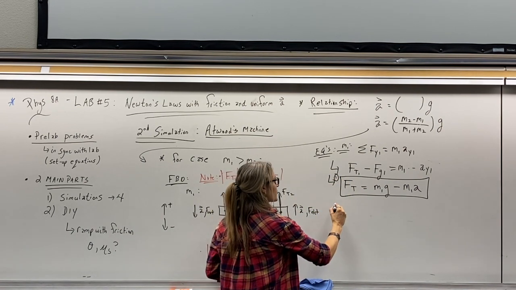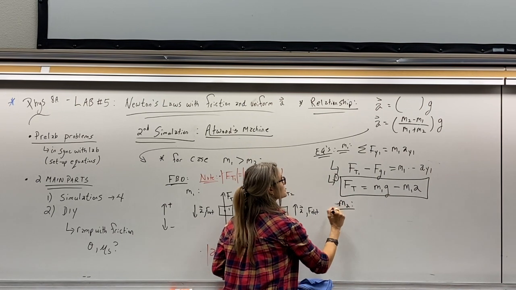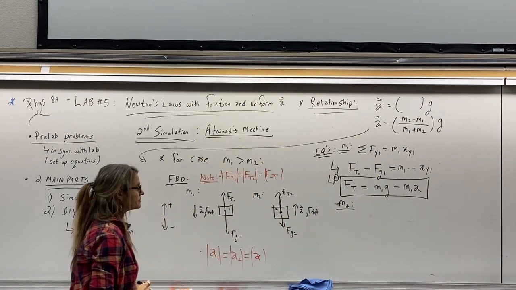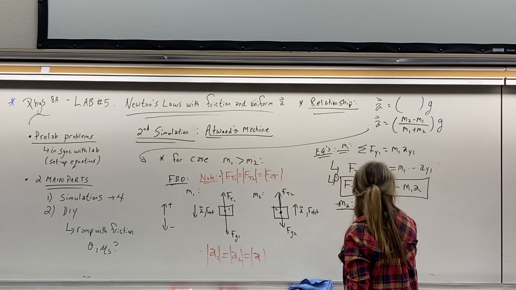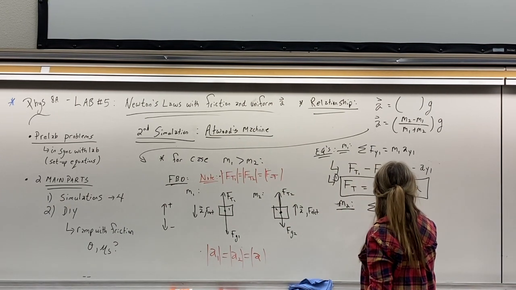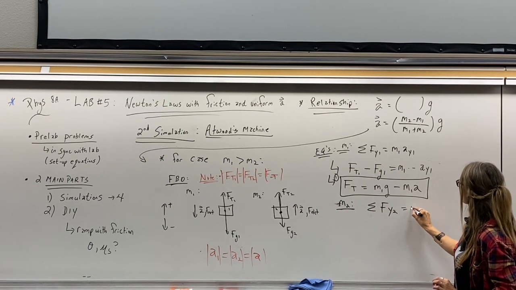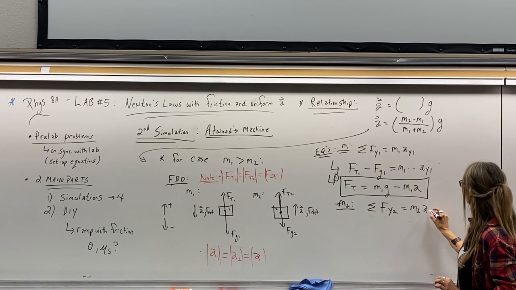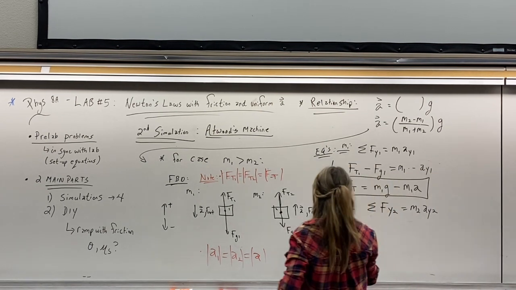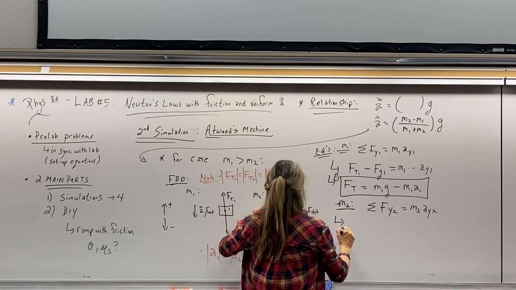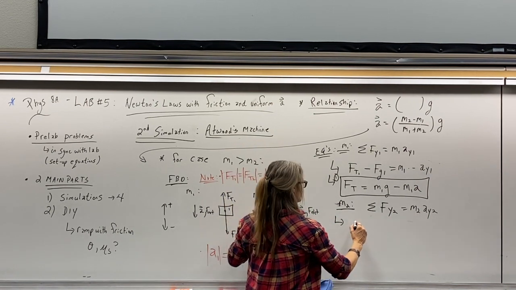Now when I look at the equation of motion for the second mass, which will allow me to do the problem solving, M2, in this case I'll say the sum of all my forces in the vertical direction for number 2 will equal the mass of 2 times the acceleration in the y direction of number 2. And what I get in this case is I have acceleration upward and it's being pulled upward.